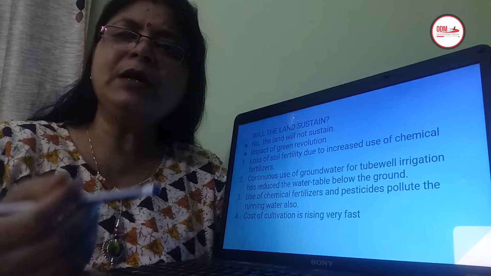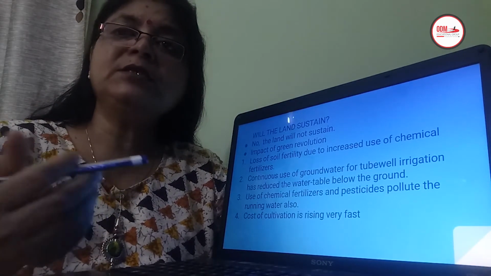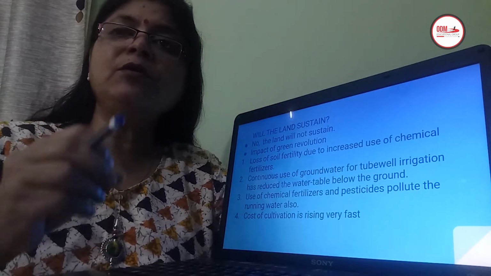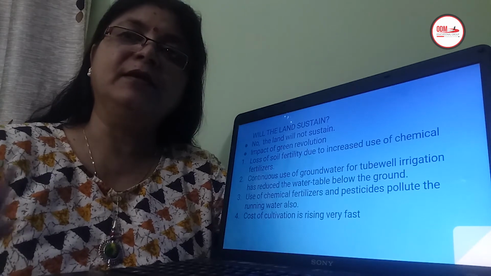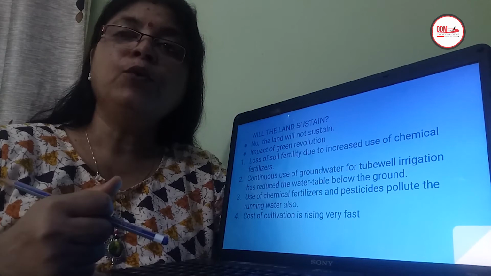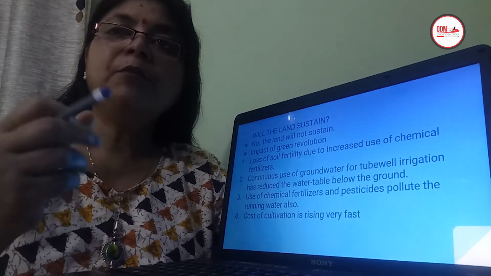When you are using chemical fertilizers and HYV seeds, purchasing all these things requires the maximum money. The rate is high. So the cost of the crops is also rising day by day, which ultimately is a burden for the people of the country, who have to pay the ultimate cost of the product.